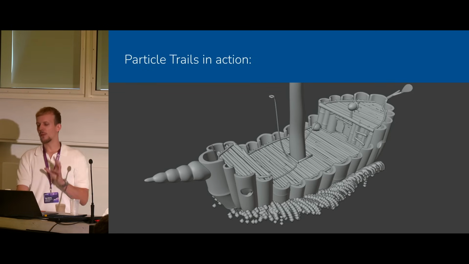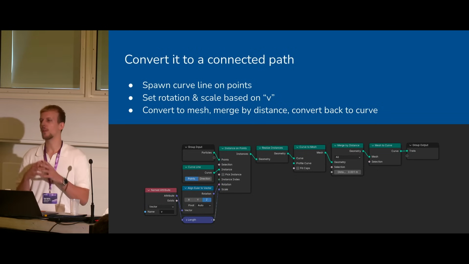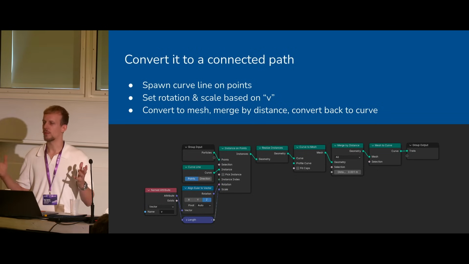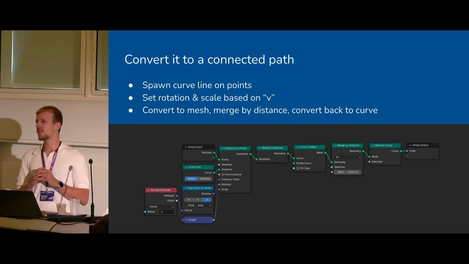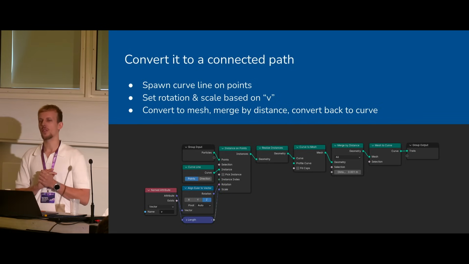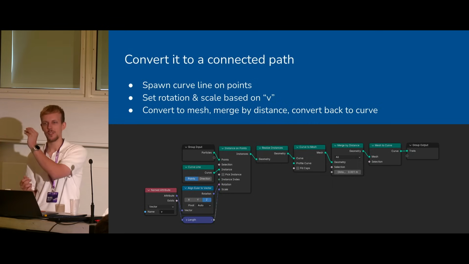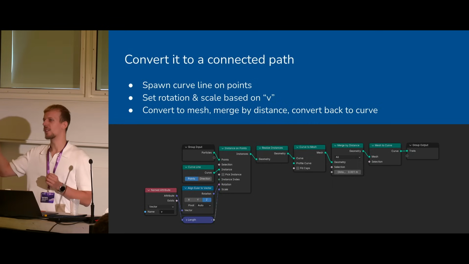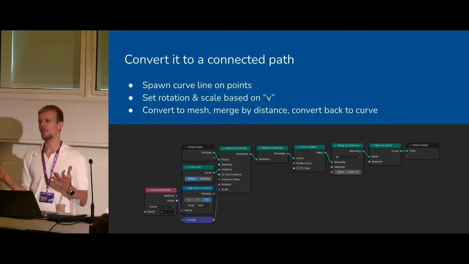Right, so how do we actually convert this into a curve? Right now it's points, we want to connect this properly into curves that we can convert to mesh later. So we instance simple curved lines with a start and an end point. We instance those on all the particles, all the points that we created before. Then to get that into the proper direction, so that the end point ends where the start point of the new particle begins, we can align the rotation to the velocity vector, right?